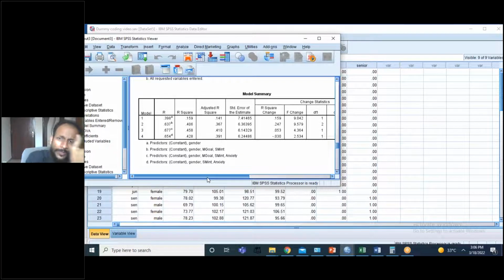If you are giving it to SPSS to add one by one, that is forward regression. If you want to remove one by one, that means it is backward regression. If you want to include those variables which are not significant, then you go for stepwise regression. Is it clear? Can we go to the next one?